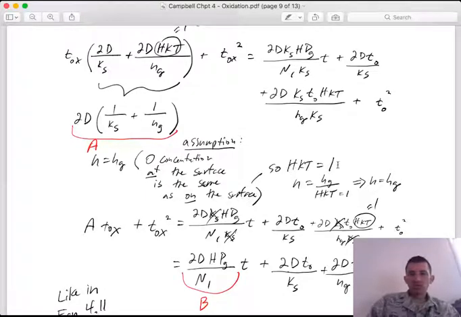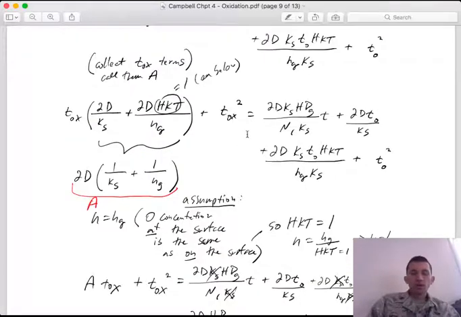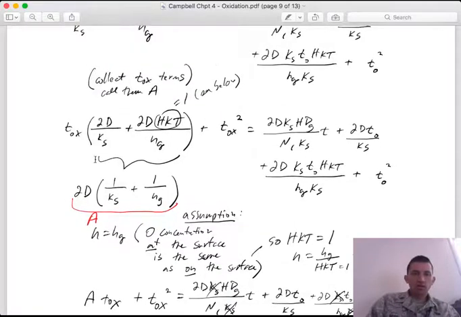This HkT equal to 1 is just that the concentration there is the same. So that simplifies this expression a little bit. Everywhere there's an HkT, it can just go to 1, which means that the constants times Tox is just 2d times 1 over k sub s plus 1 over h sub g. So we're going to collect these constants together and just call it A.